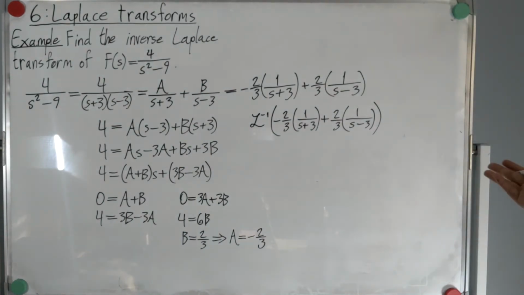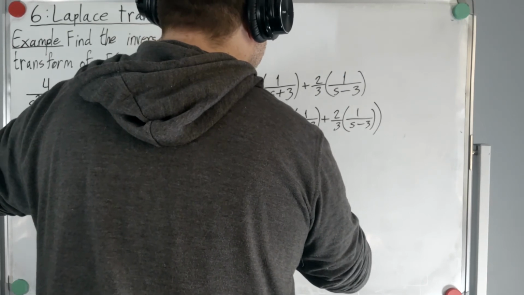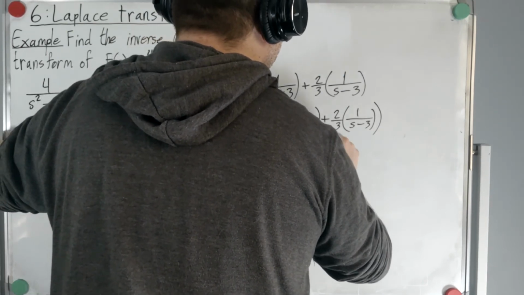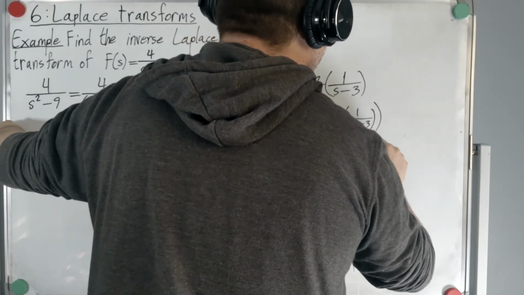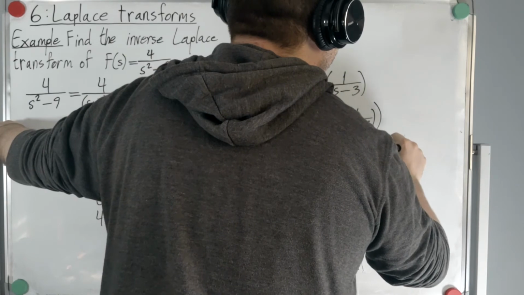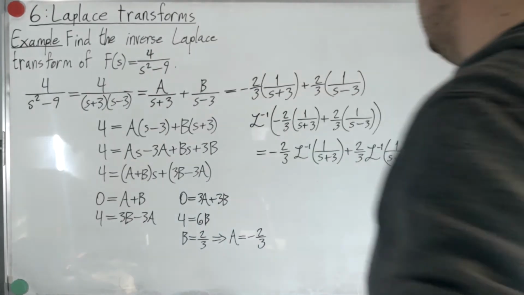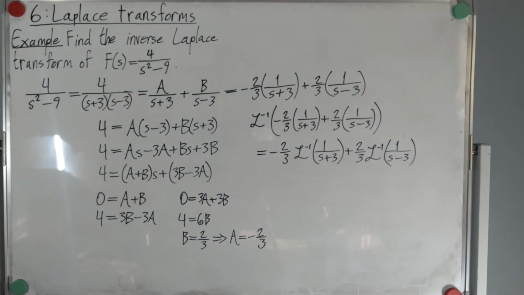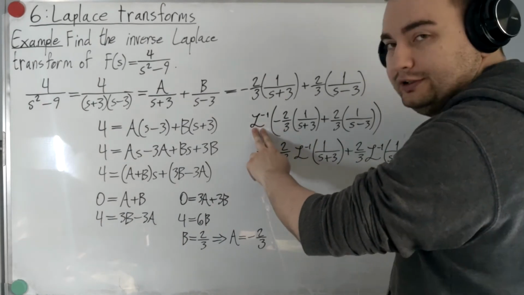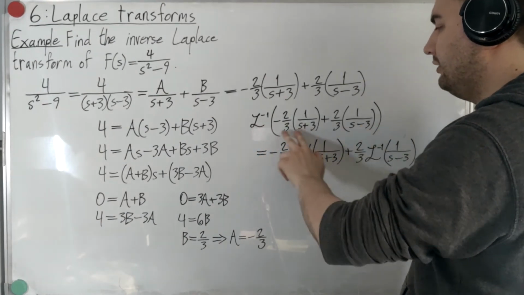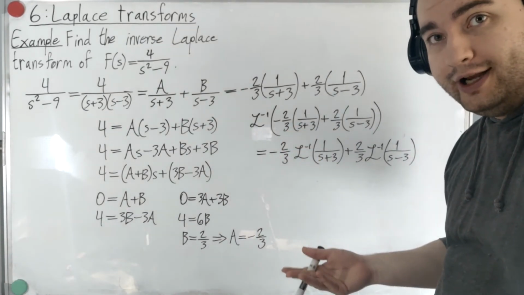Well, again, the inverse Laplace transform is linear, so this is equal to negative 2/3 inverse Laplace transform of 1 over s plus 3 plus 2/3 inverse Laplace transform of 1 over s minus 3. Okay? Because you can distribute this inverse Laplace transform operator among the terms, and then you can pull out the constants, just like with a regular integral.